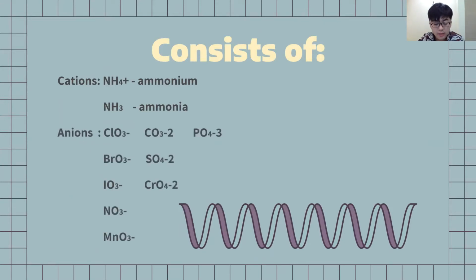And here are the anions. Anions are divided into three different charges: -1, -2, and -3. Here is the list of compounds with -1: ClO3, BrO3, IO3, NO3, and MnO3. With -2 are CO3, SO4, and CrO4. And the last one, with -3, is BO4.